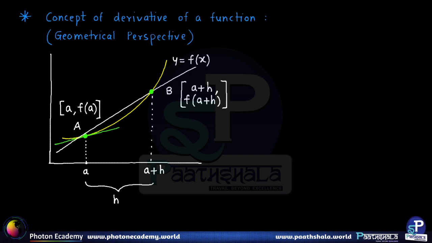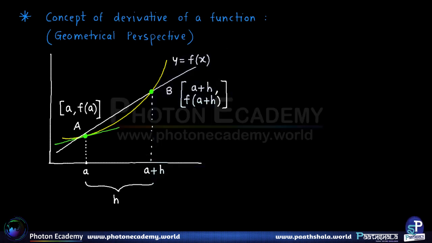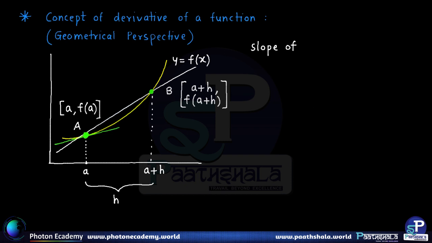Alright. Now if you look at line AB, we can call it a secant AB because it cuts the curve in two points A and B. Now can we write the slope of secant AB? The slope of secant AB is equal to, by the formula for the slope, y2 minus y1 upon x2 minus x1.